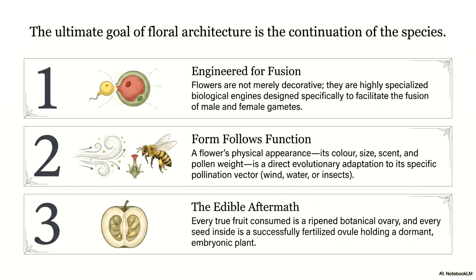Now this slide is showing the ultimate goal of floral architecture and the continuation of the species. That means engineered for fusion. Flowers are not merely decorative. It is not that we use them only for decoration, for puja, or for other ornamental purposes. They are highly specialized biological engines designed specifically to facilitate the fusion of male and female gametes.